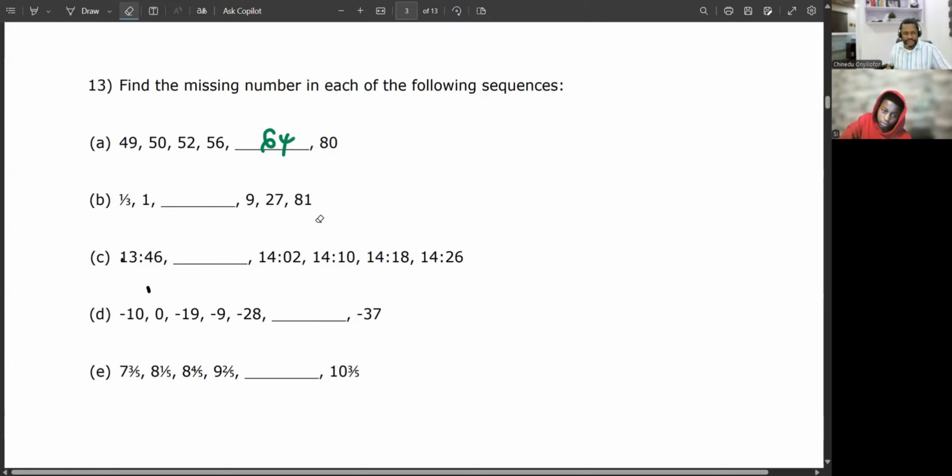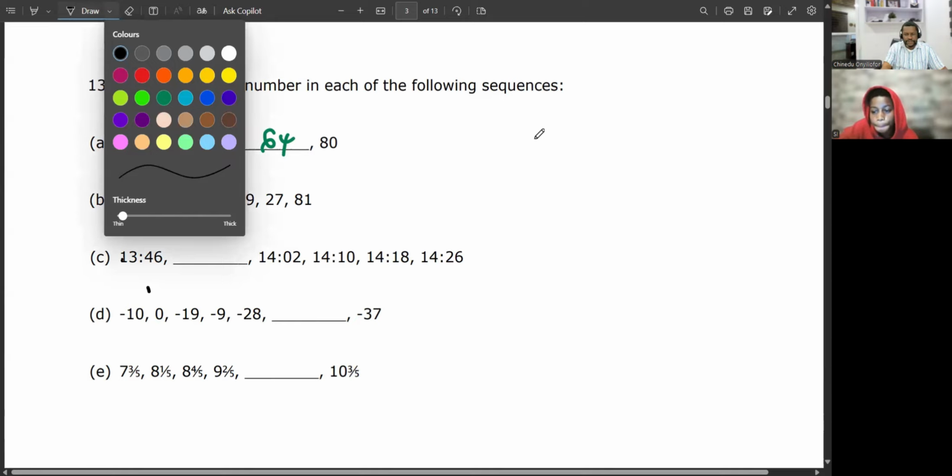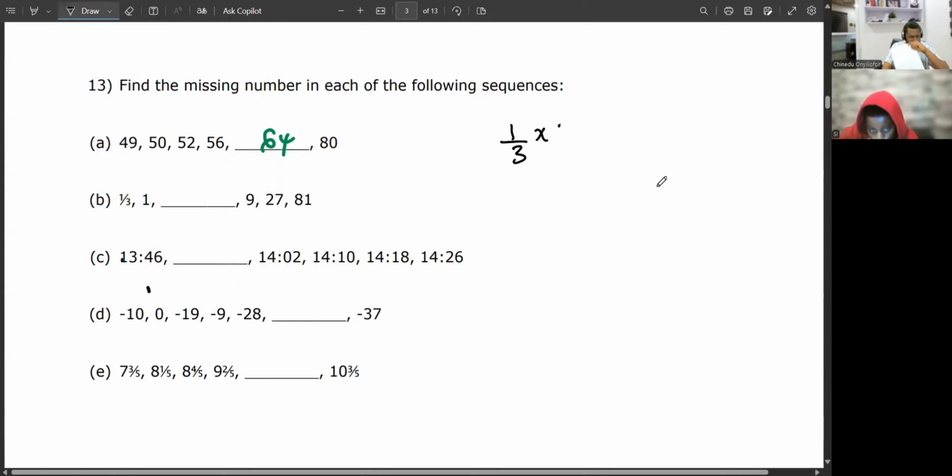Study the sequence carefully. Why don't we look at it this way? You have 1 over 3, right? Now, if I multiply 1/3 times 3, what does that give me? 1 times 3 is 3, and 3 over 3 is 1. Good.